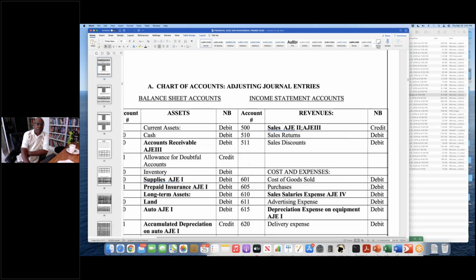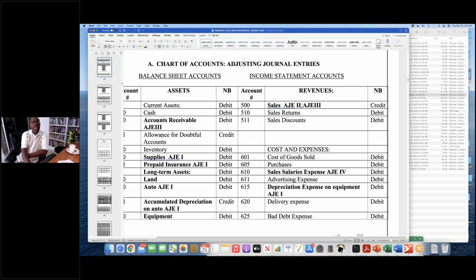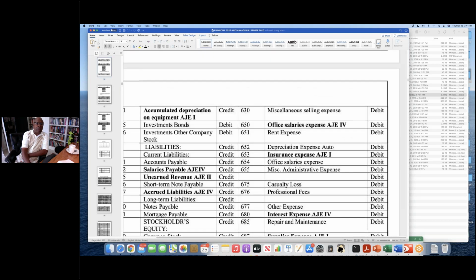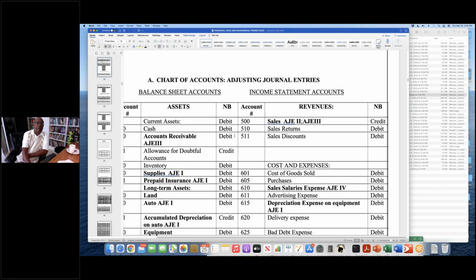Okay, so here's the chart of accounts. An adjusting entry always involves an account on the left and an account on the right. Got it? So you can't have an adjusting entry and have two items over here or two over here.